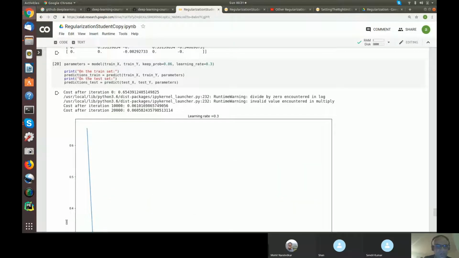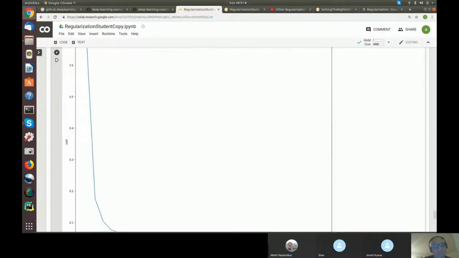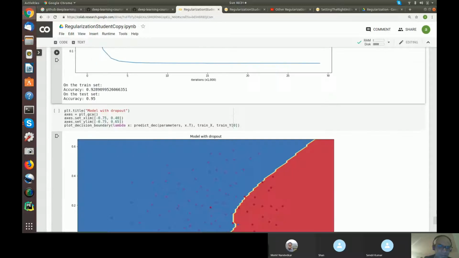And it's much smaller even than the first case because, I guess, not sure why. Guess it must have done a good job. The accuracy in the test set is much better, 0.95.